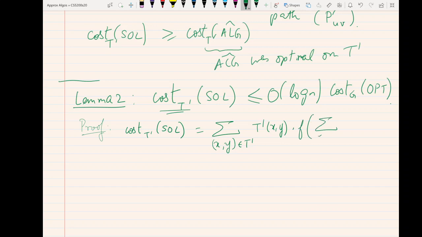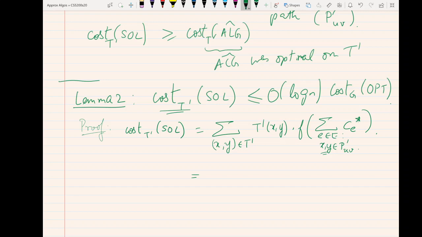Well, you look at every edge in the original graph such that the translated path in T prime contains xy, and then you add C star. Okay, so for every such edge I used xy, and hence I will be installing that much capacity in sol.